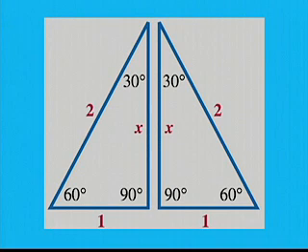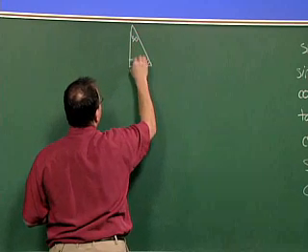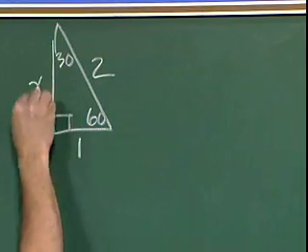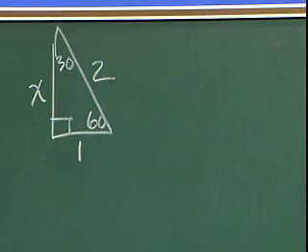And we can find the value of x by using the Pythagorean theorem. So let me do that for you. We have a right triangle, which is 30, 60, 90. That side is 1, this side is 2, and this side is x.